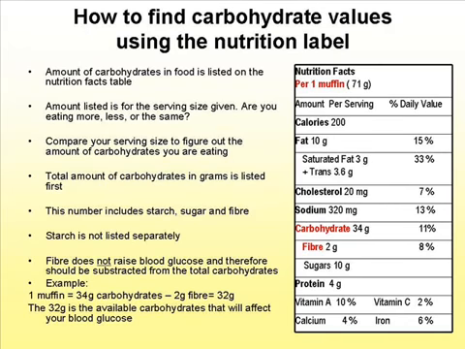So your one muffin contains 34 grams of carbohydrates. We're going to minus 2 grams of fiber because fiber will not increase your blood glucose. And the total is going to be 32 grams of carbohydrates. So the 32 grams is the available carbohydrates that will affect your blood glucose.